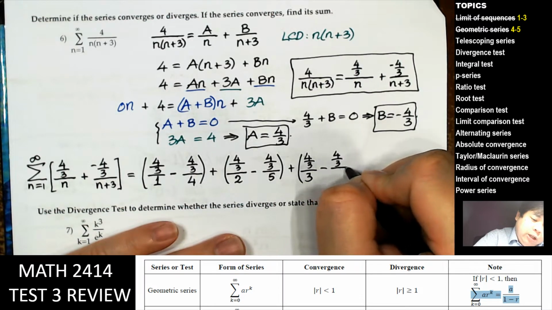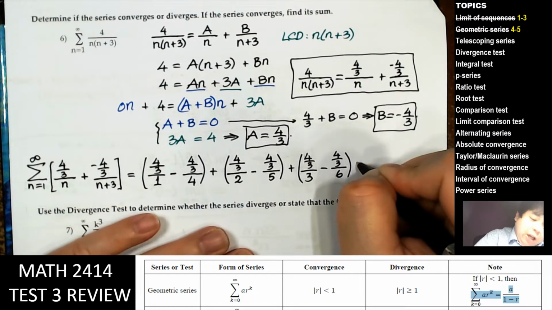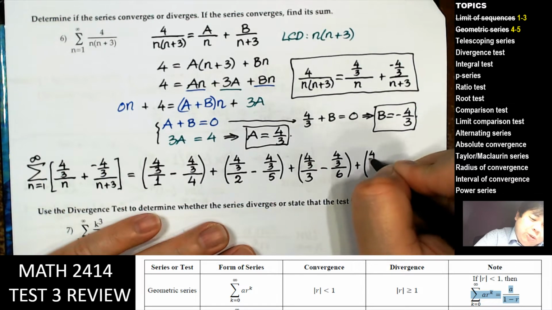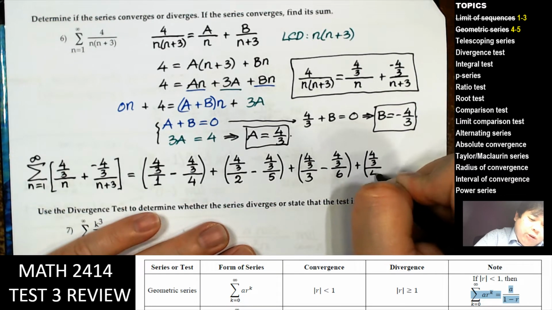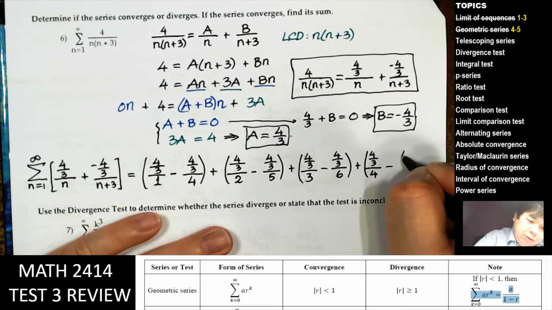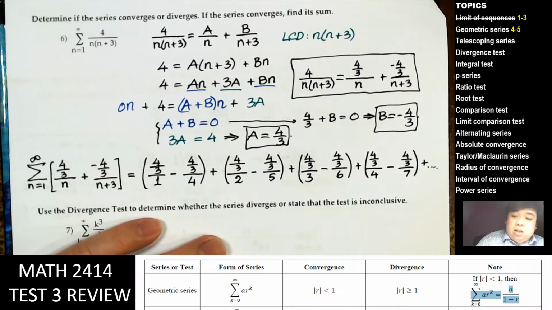Over 3. 3 plus 3 is going to be 6. Just write one more. 4 over 3 over 4 minus 4 over 3 over 7. We're out of space, but that's all we need.